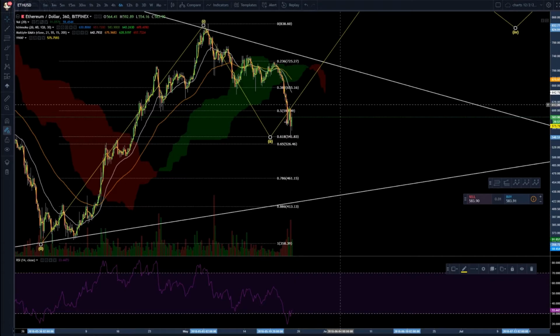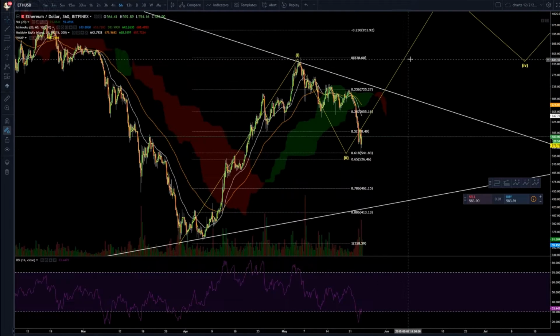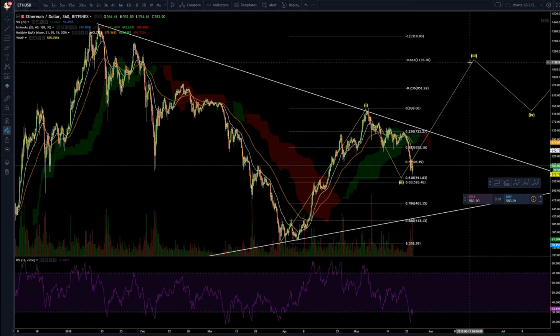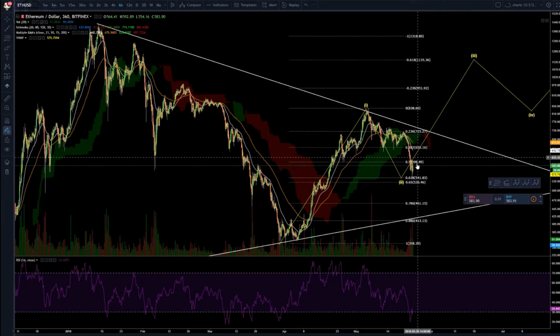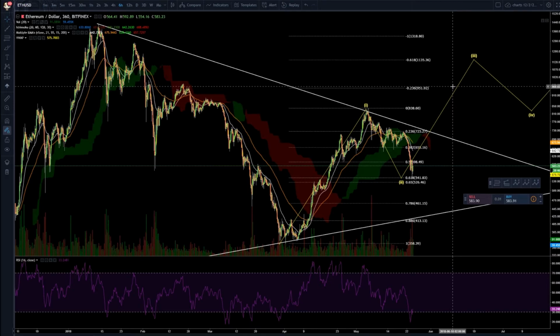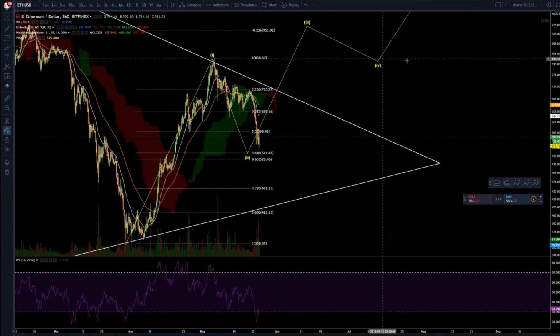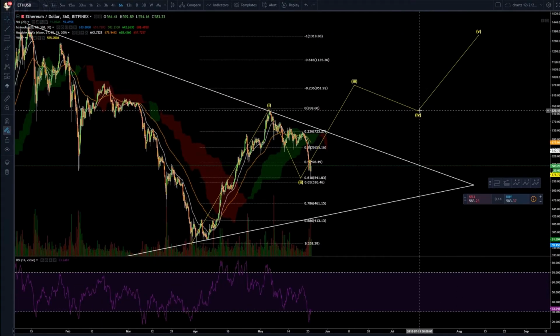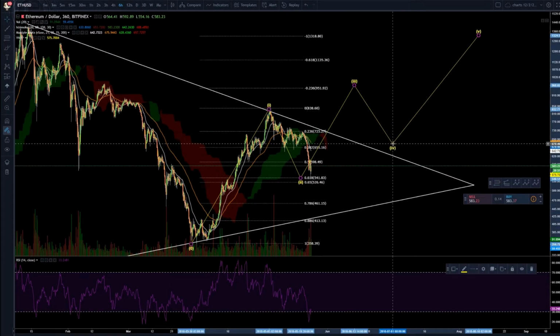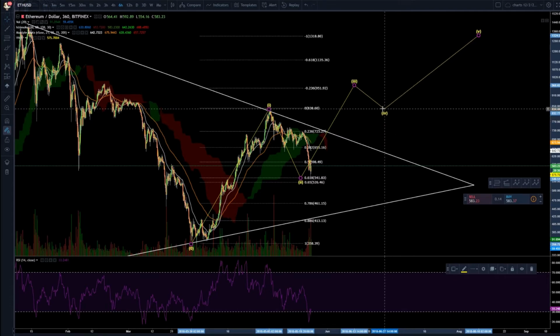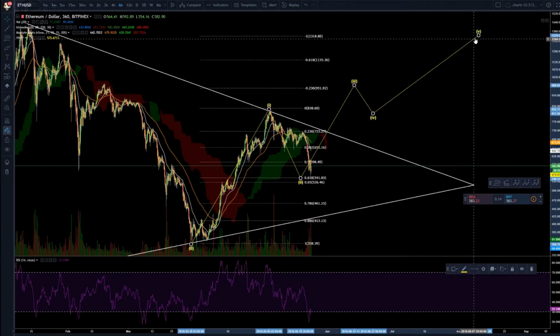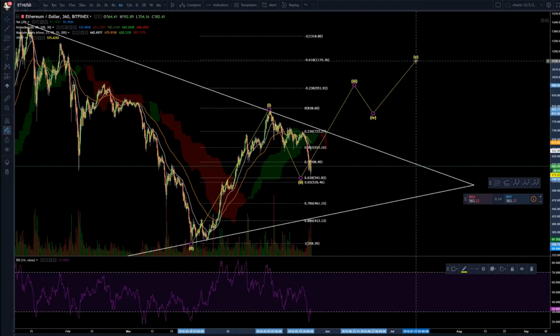I mean, I'll put my 2 route down here because it's 618, right? And we hit that. So the number 3, I originally had that at 1135, but if we actually bounce from here, I'm not that bullish anymore. So I'm gonna put it at the 236 for now, and then we'll perhaps have a retrace here, and then we'll have a 0.5 to that 618.